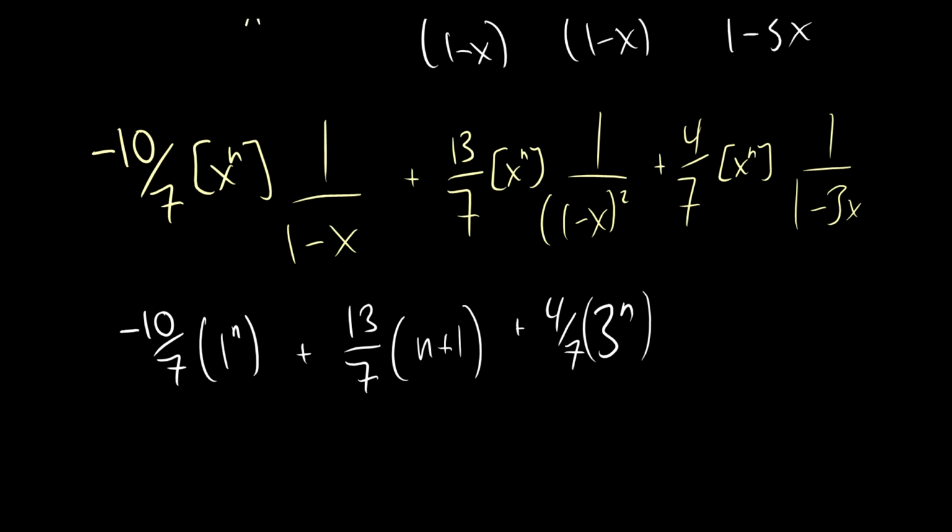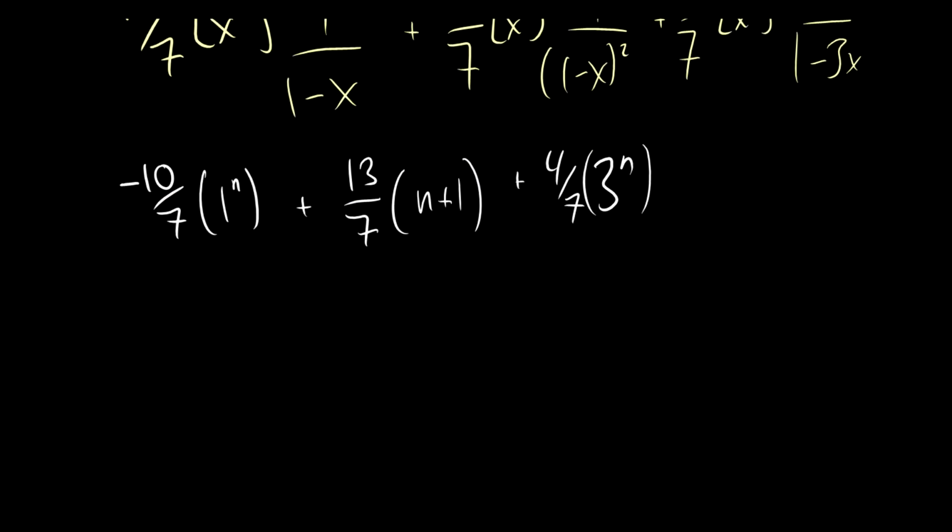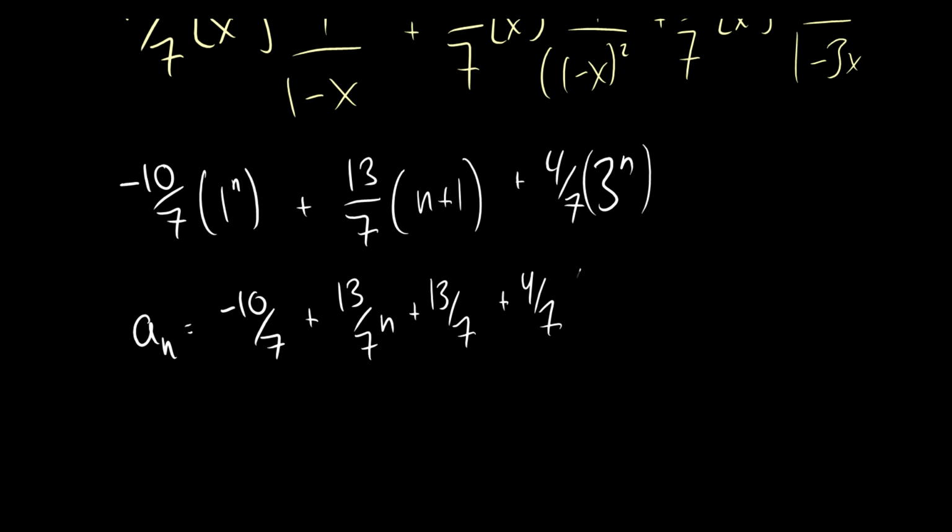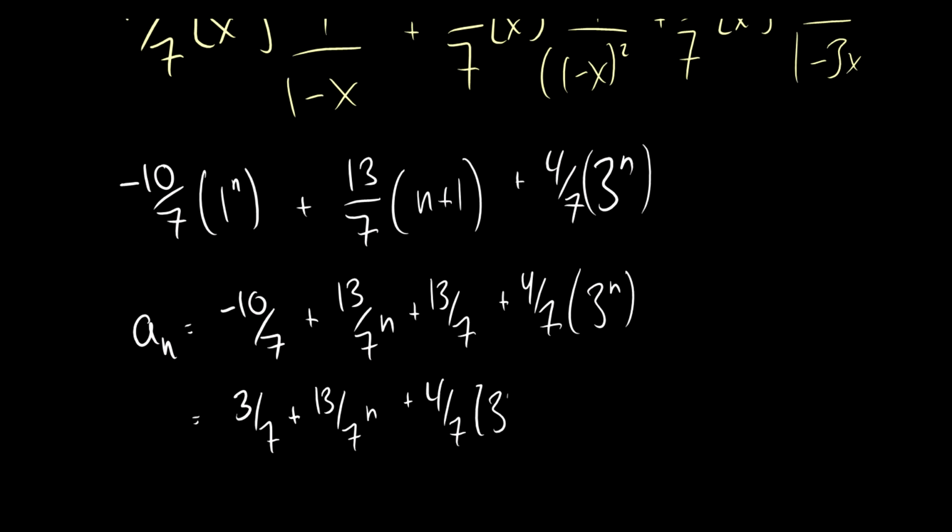So essentially, we can simplify this more, and we can say that an is equal to negative 10/7 plus 13/7 n plus 13/7, plus 4/7 times 3 to the n, and we can simplify this to be 3/7 plus 13/7 n plus 4/7 times 3 to the n.